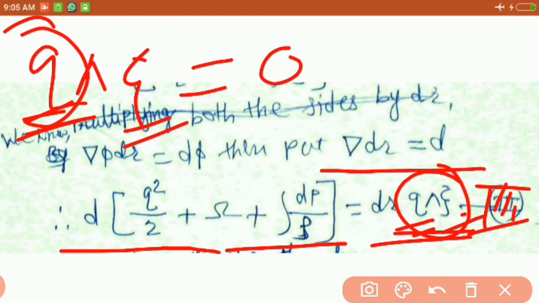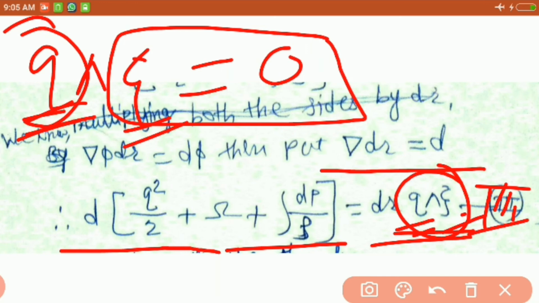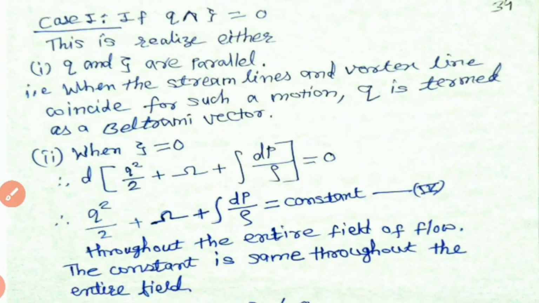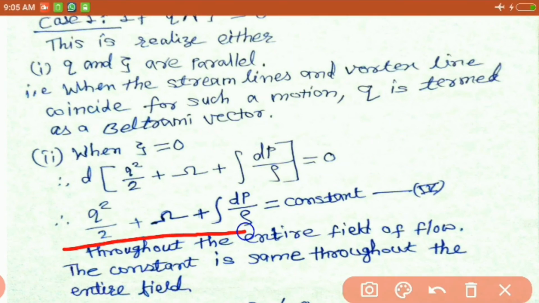Now when ζ is 0, this will be 0, and we get q²/2 plus Ω plus the integration of dp/ρ is equal to constant throughout the entire field of flow.